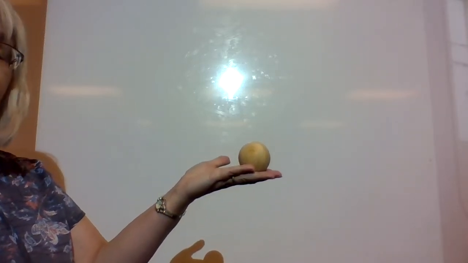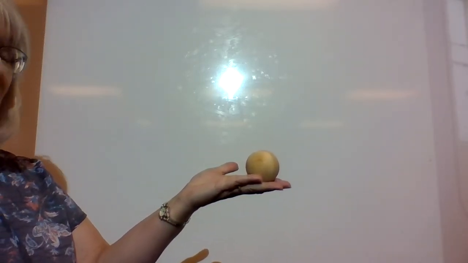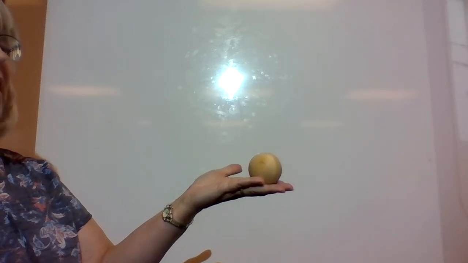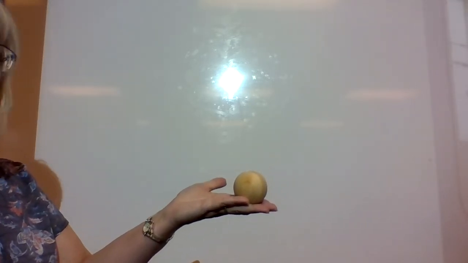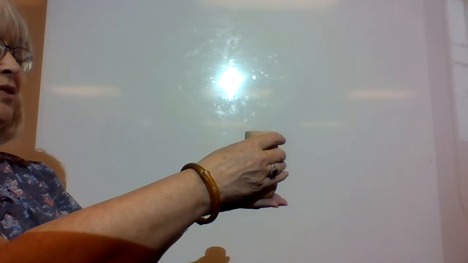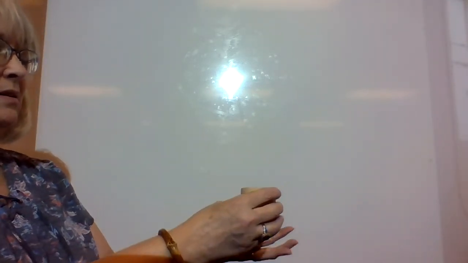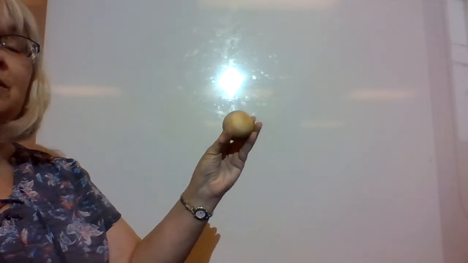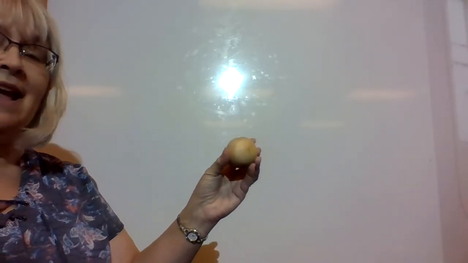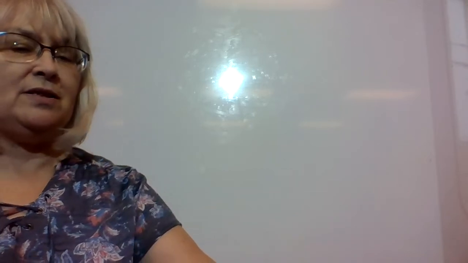That means, will it sit flat on top of another three-dimensional shape, or can another shape sit on it? If I put this shape on there, nope, it's not going to stack. So a sphere cannot stack at all.